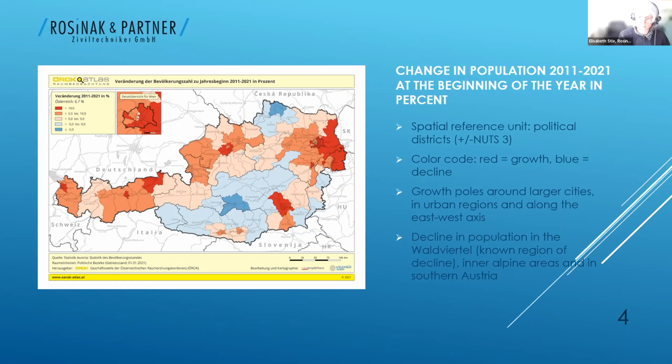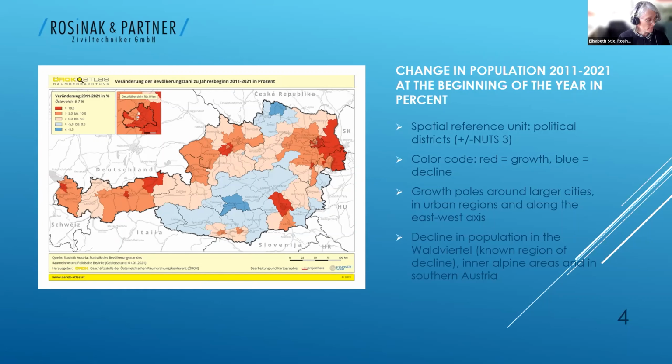And when you have a look at this map of Austria, you see the red zones around the larger cities, urban agglomerations, the region around Vienna. You will see there is a very strong growth pole between Vienna and Bratislava. And then you will see this east-west growth axis from Vorarlberg over Tyrol, Salzburg, Upper Austria, Lower Austria to Vienna.